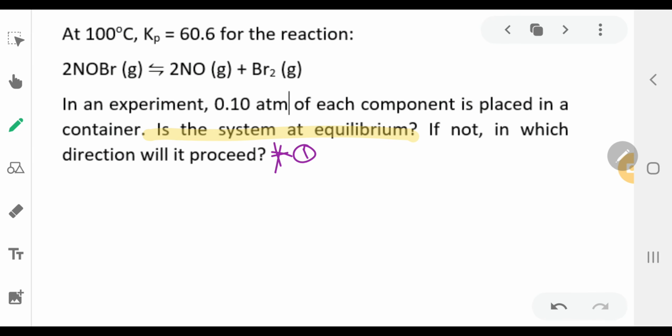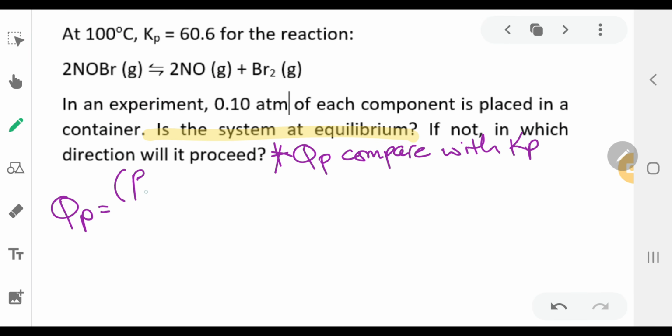When you look at this kind of question, automatically we can know that what we need to do is to compare Qp with the given Kp. When we need to compare Q and K, we don't have to construct your ICE table. And the first thing we need to do is, of course, write down the Qp expression first.